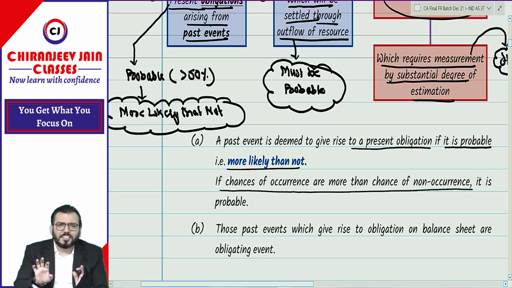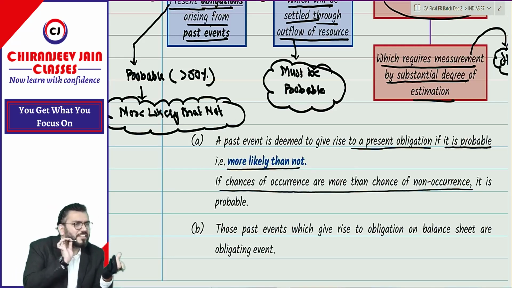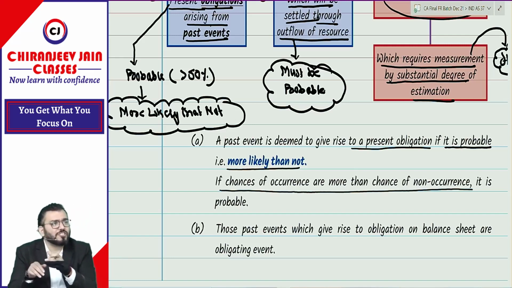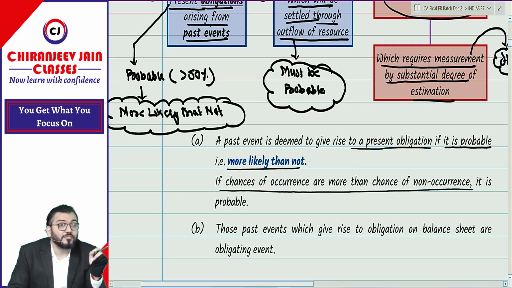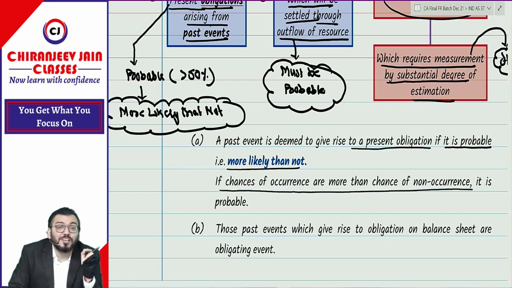Now the question arises, can I say all past events will not give rise to obligation on balance sheet date? There are some past events which are not giving any obligation at reporting date, so we are only identifying those past events which give obligation. Which obligation? Present obligation. On which date? Reporting date. So that event is known as obligating event. For this chapter we need to find out whether there is any obligating event.